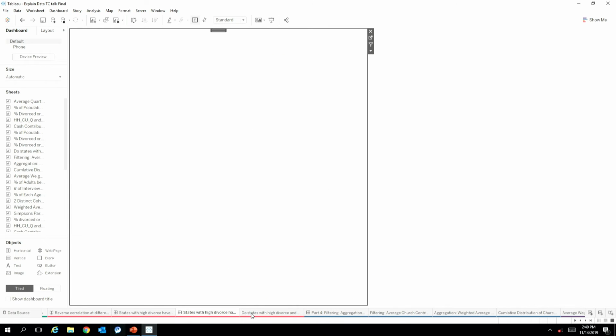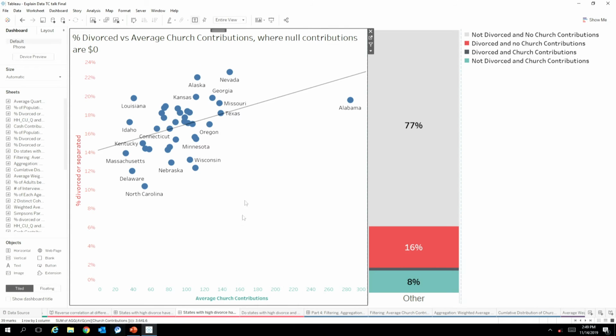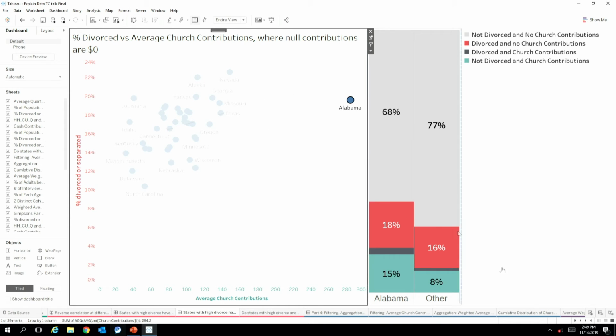And in fact, we can validate that. If I select Alabama here, you see that that's exactly what is happening, where more than twice as many people are making church contributions in Alabama. And so that's why it has survived despite the replacement of nulls with zeros.